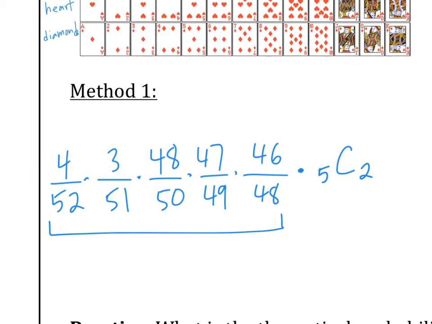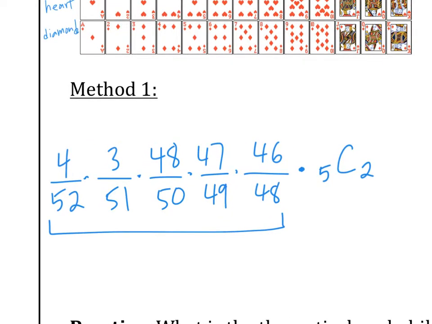Once you multiply all that together, that is the correct probability. You have 5 cards. The 2 sevens are going to come out anywhere in these 5. So you have to figure out how many ways these 2 cards can come out. They're going to give you 5 cards. So go ahead and figure that out.